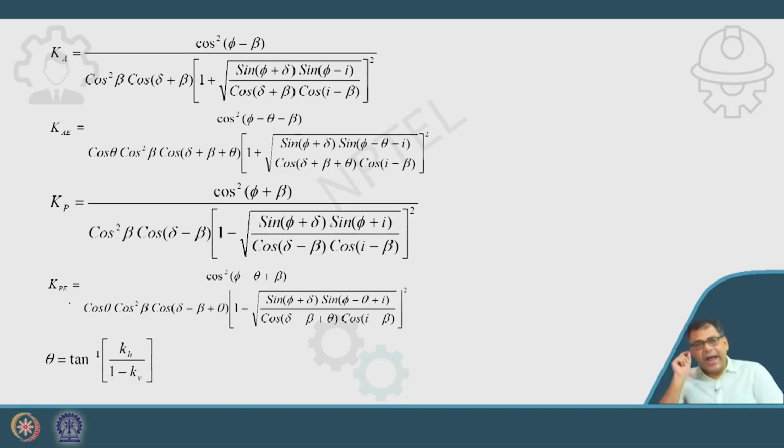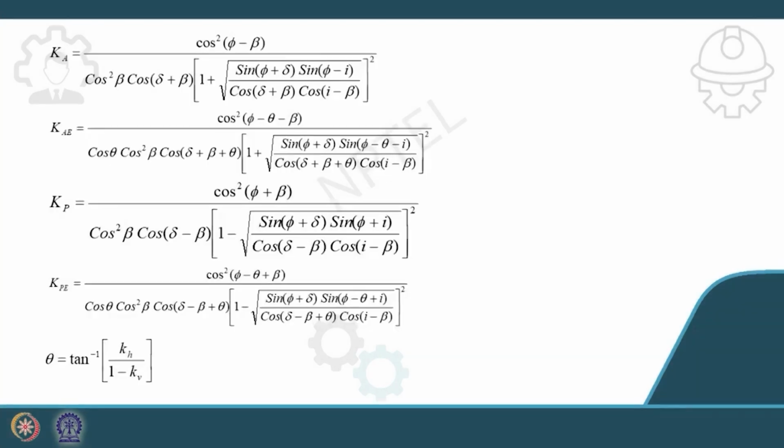It is the active earth pressure coefficient under static condition, or you should say the static earth pressure coefficient, and KAE is the seismic active earth pressure coefficient. Then Kp is the static passive earth pressure coefficient, and KPE is the seismic passive earth pressure coefficient. Clear? So these are the equations.